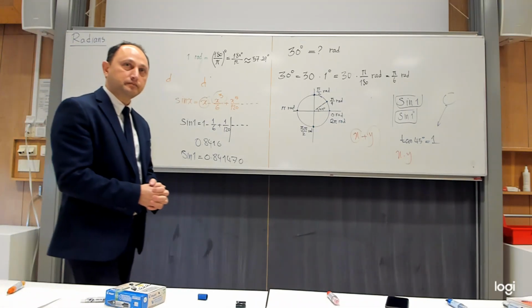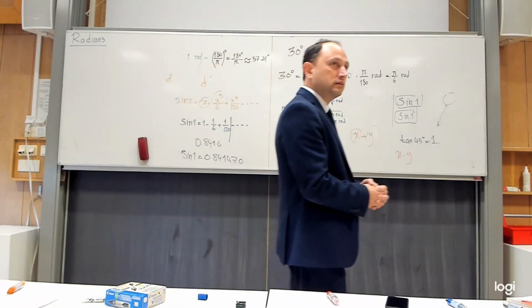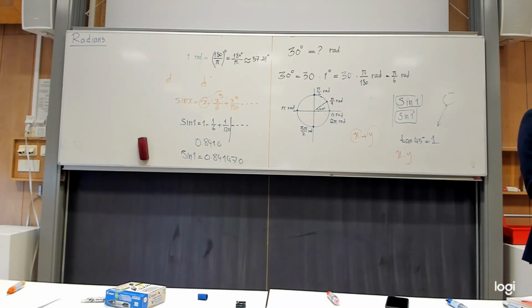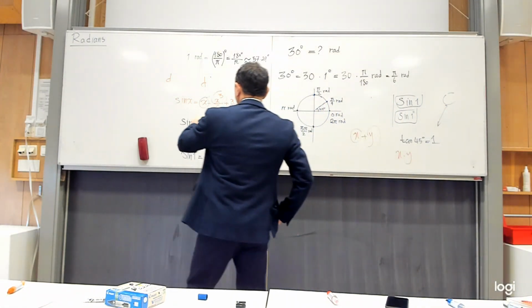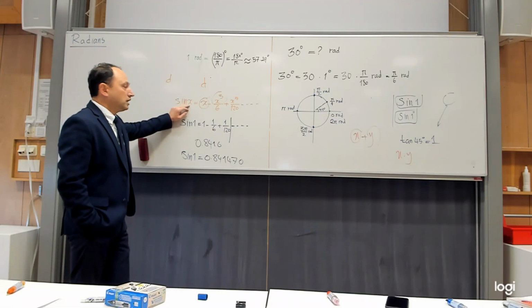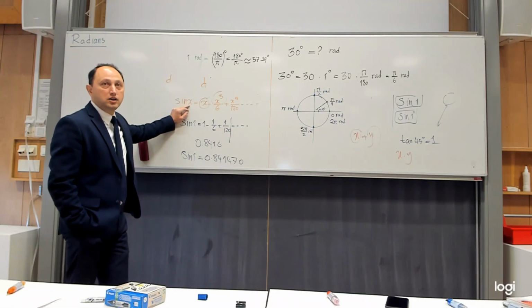But if I put in sine of 180, shouldn't I get pi radians? No, because I'm thinking of the units. According to this formula, if you write 180, you are calculating sine of 180 radians.